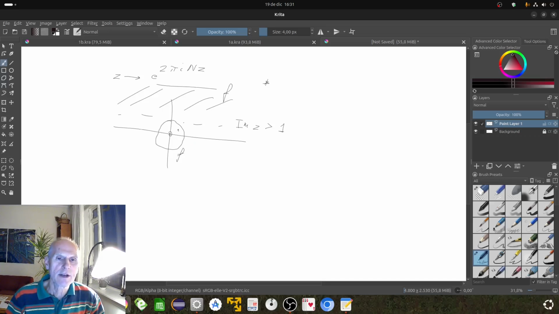At 0, we can either have that it's a removable singularity, in which case f is holomorphic, so we only have positive terms in the q expansion. It could be a pole, in which case the values will tend to infinity, the modulus will tend to infinity.